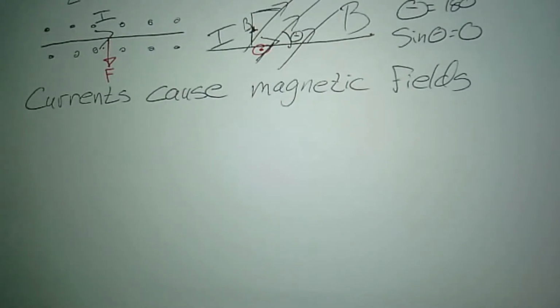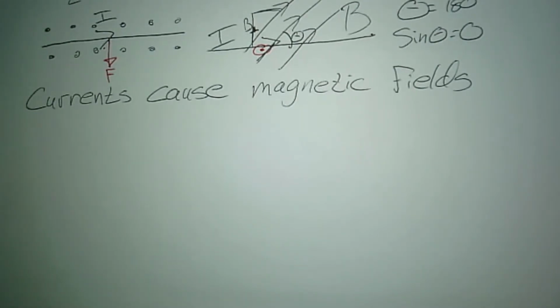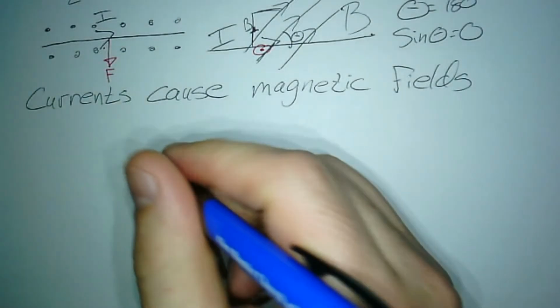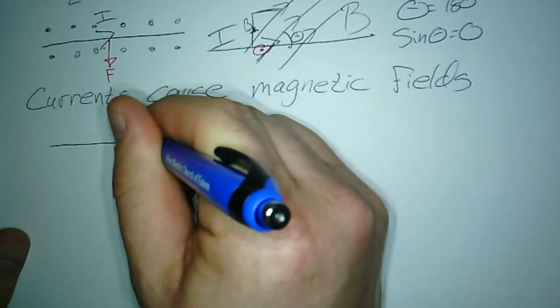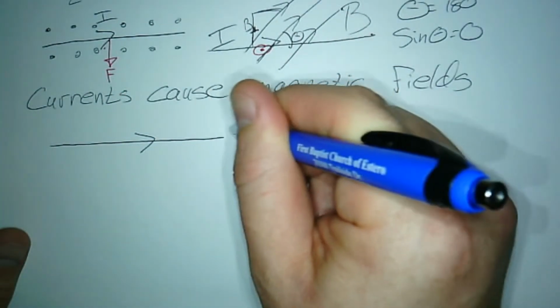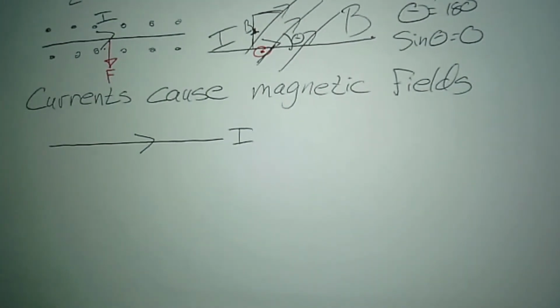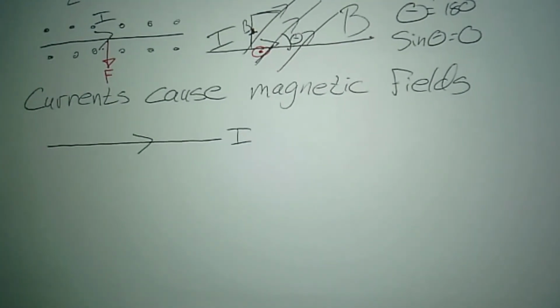So how's that look? Well, if I have a wire that's running like this and a current going that way, then what direction is the magnetic field?